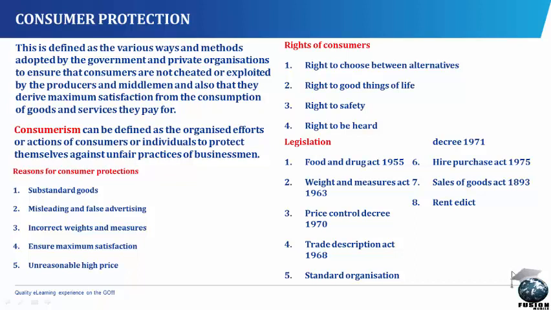Some of the laws to protect the consumers are the Food and Drug Act of 1955, the Weights and Measures Act of 1963, the Price Control Decree 1970, the Trade Description Act 1968, the Standard Organization Decree 1971, Hire Purchase Act 1975, Sales of Goods Act 1893, and the Rent Edict Act.